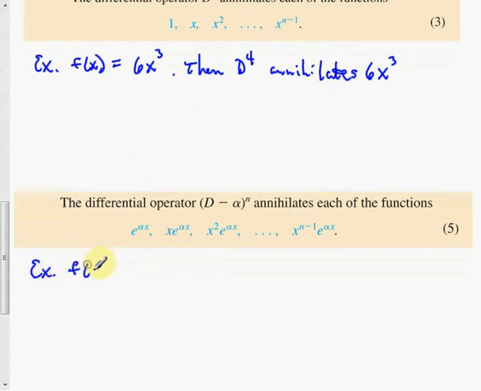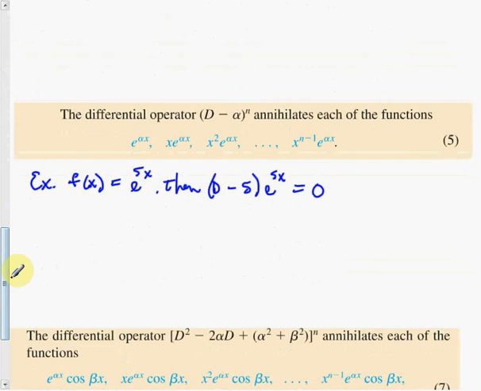So say, for example, if f of x is equal to e to the 5x, then we say that alpha would be 5, so d minus 5 is said to annihilate this e to the 5x. We get 0. Well, you can check it and see.